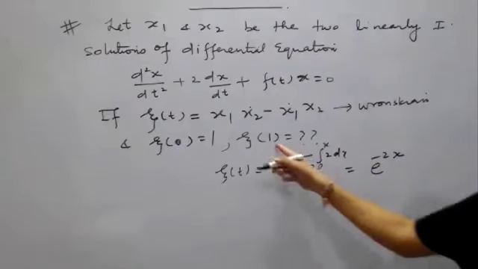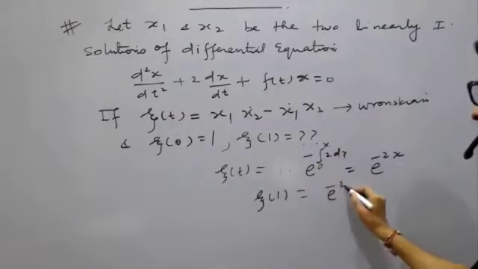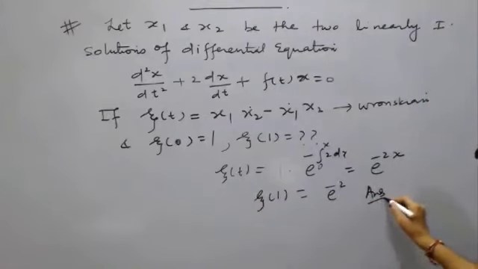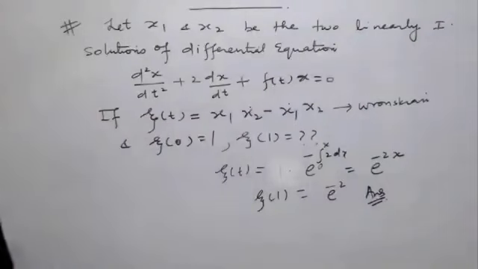So what is xi 1? This is the answer. This question was a 5-mark question. If you have not gone through the Wronskian, you will have no idea what is happening.